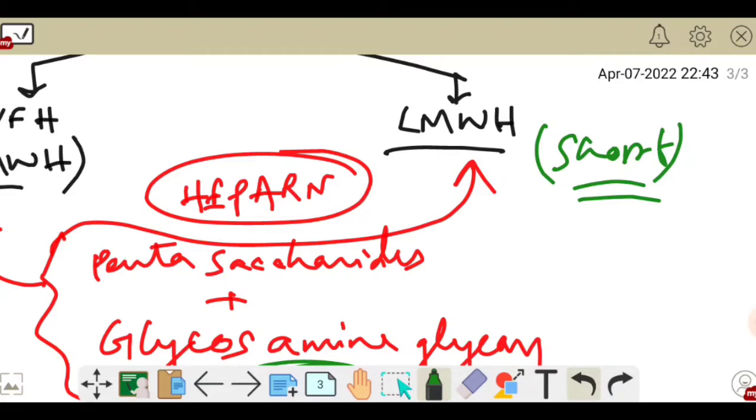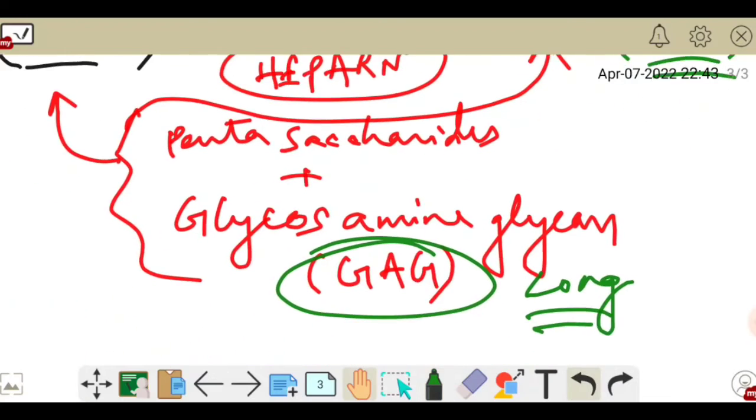That's why there is a difference in the molecular weight, because of the difference in the GAG chain. That's the main part, and this is very simple.